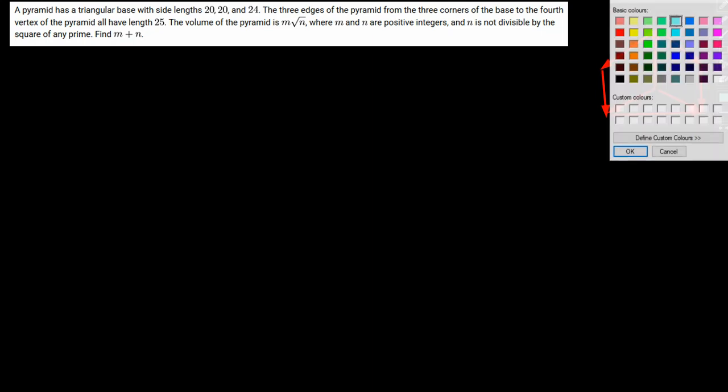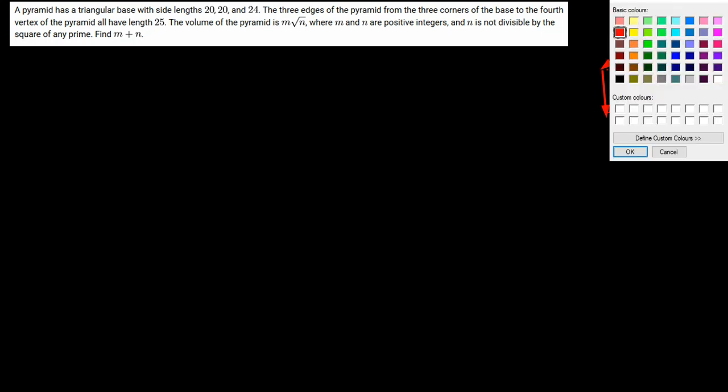This is how a pyramid actually looks in general, and the dotted lines will be along these lines. This is the general idea behind a pyramid, where the triangular bases have lengths 20, 20, 24. This is the whole idea behind a pyramid in general.